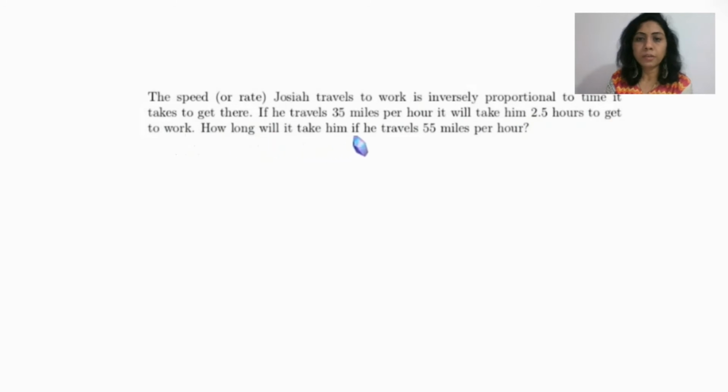How long will it take him if he travels 55 miles per hour? So here, if we increase speed, it will take less time, right? Or if we decrease speed, it will take longer time. So this is just inversely proportional.